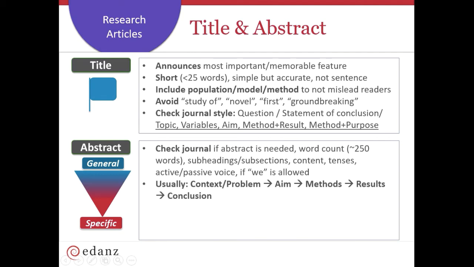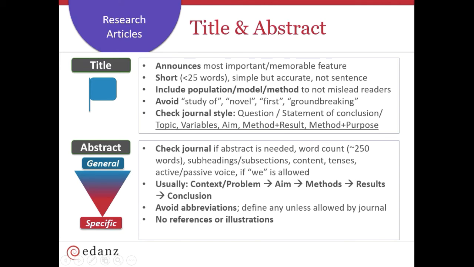But the usual flow of information is from the problem to the aim, main methods, main results, and main conclusion. Avoid abbreviations and don't include references or illustrations, but do include standard keywords for search engine optimization.